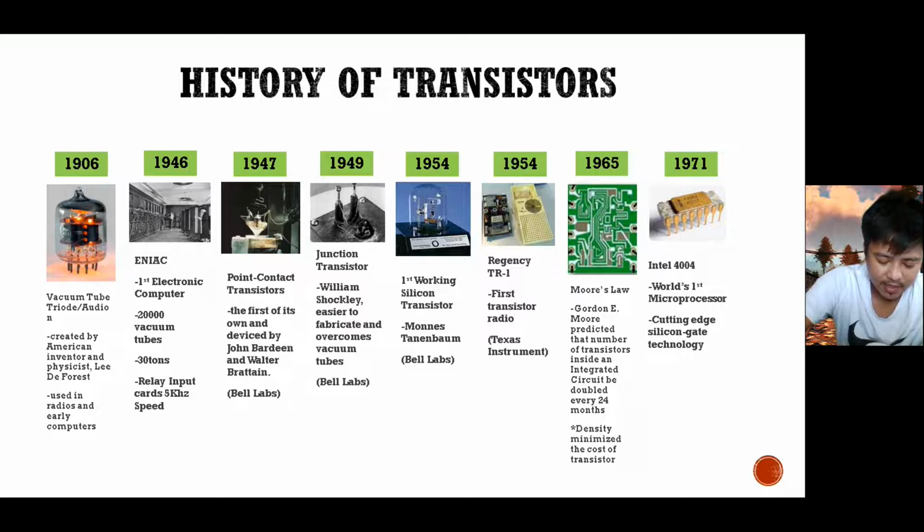Another one is William Shockley. As I said earlier, for overcoming vacuum tubes, he also developed the semiconductor and the BJT, or bipolar junction transistor.